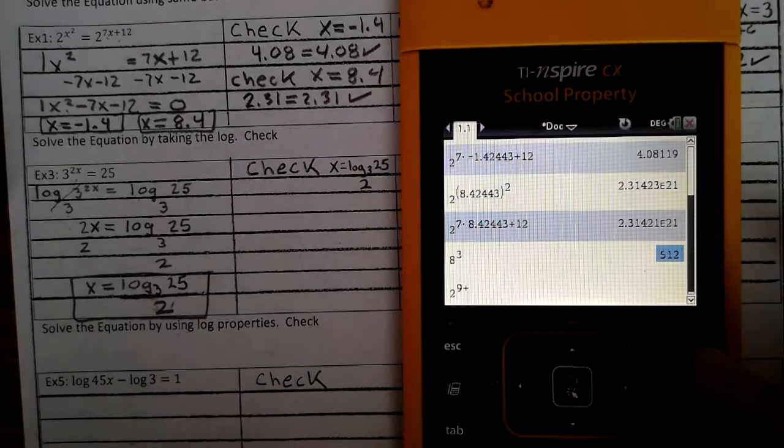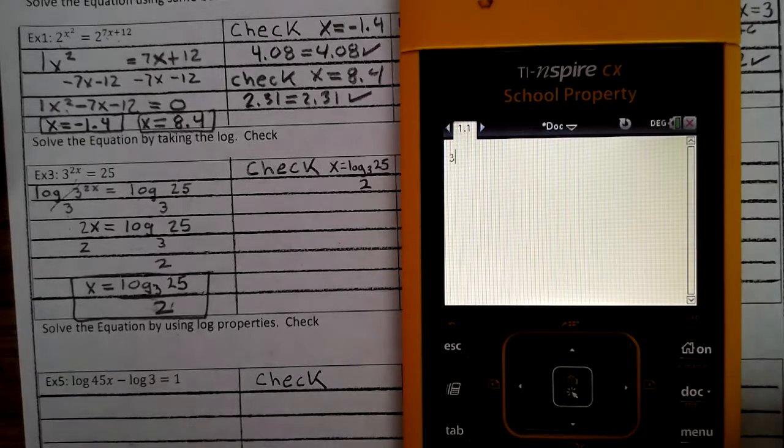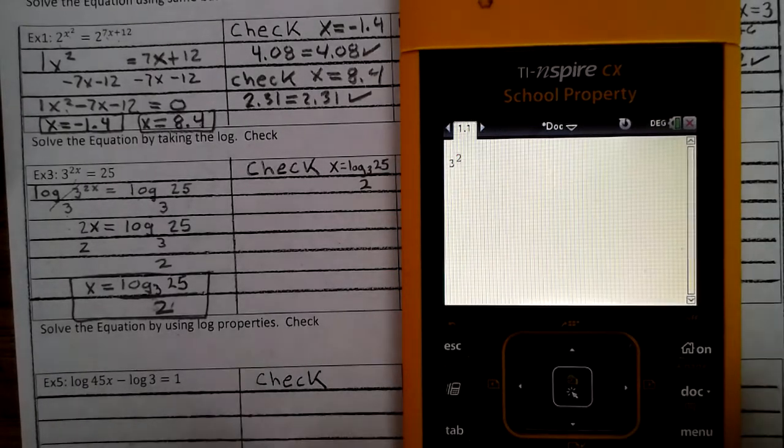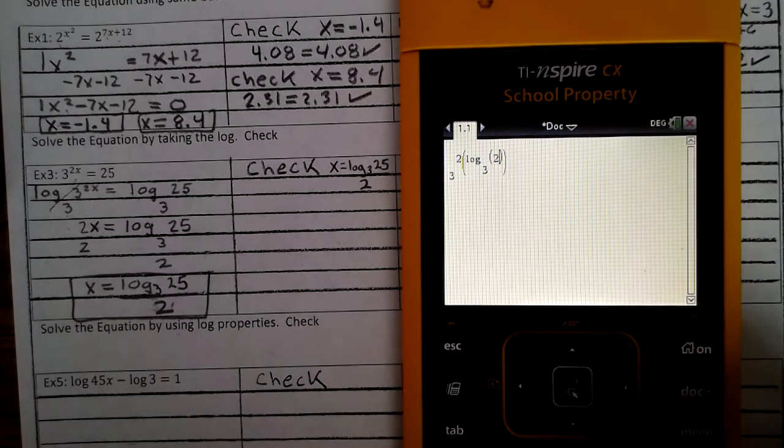So we're going to do 3 raised to the 2, and we need to put parentheses, control log, log base 3 of 25. And actually, let me delete that.